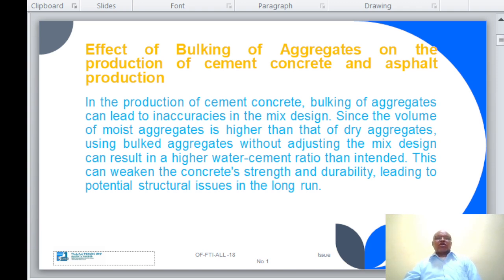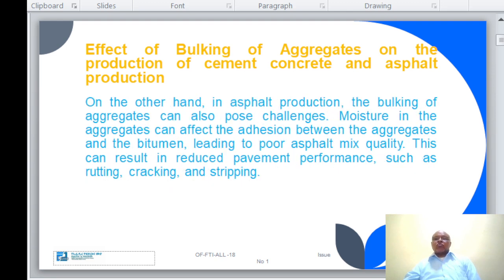When aggregate bulks up due to moisture absorption, it can affect the overall performance of the asphalt mix. The increased volume of aggregate can lead to inadequate coating by the asphalt binder and reducing the overall strength and durability of the pavement.